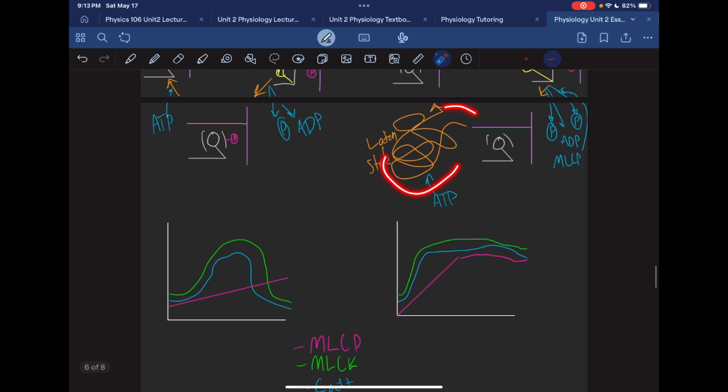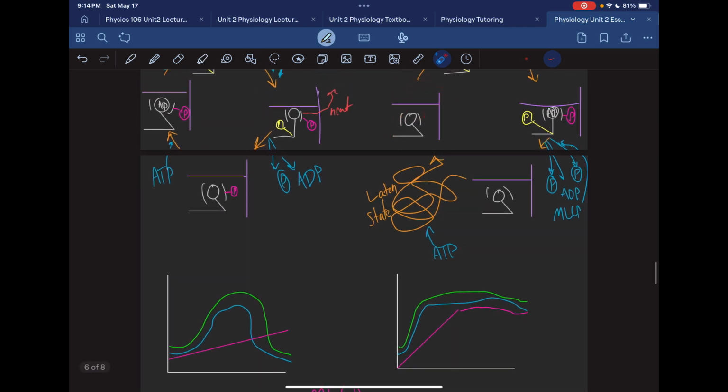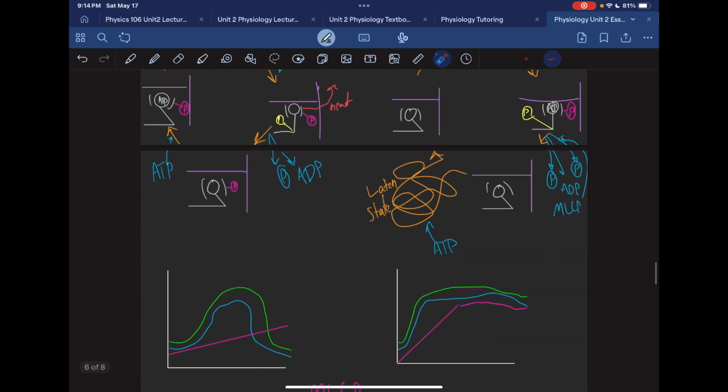This is known as the latch state because when this ADP pops off, it kind of changes the shape of this myosin head into a weird position that makes it hard for ATP to attach and then return into our position here.